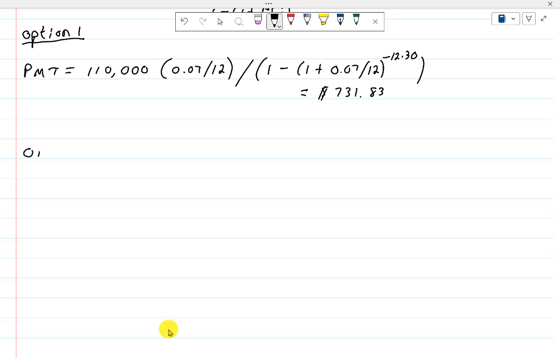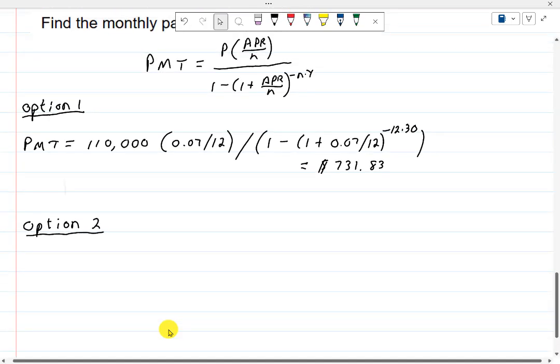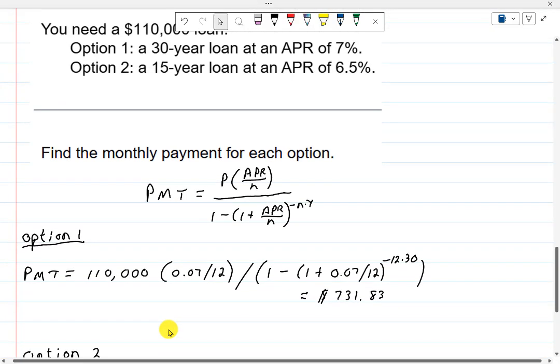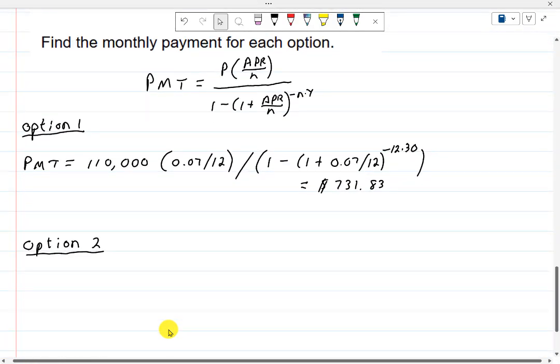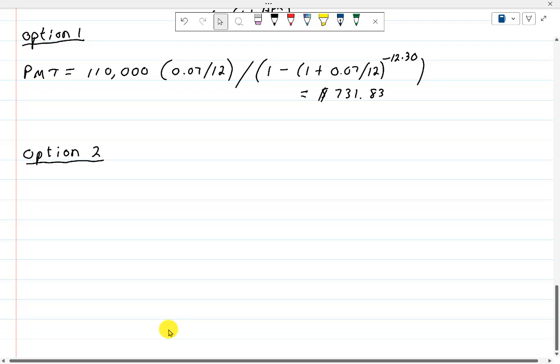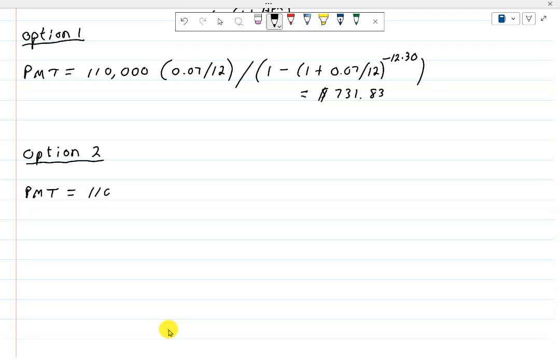And then let's do option 2. Option 2 was for 15 years and an APR of 6.5%. So our payment down here, it's the same $110,000.